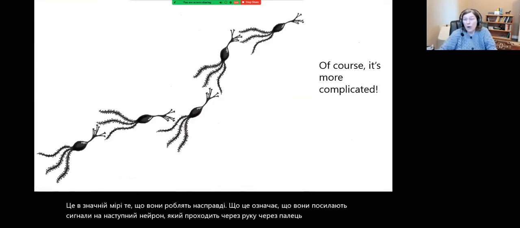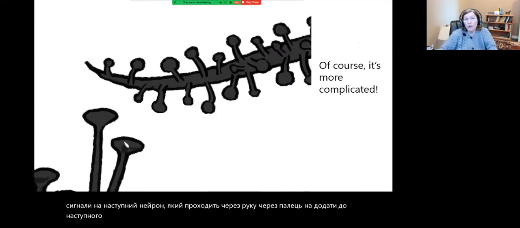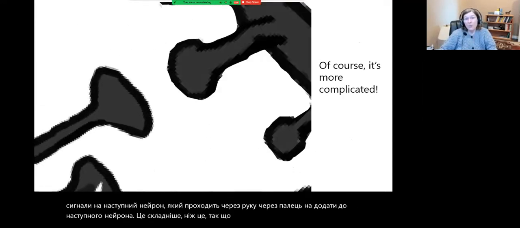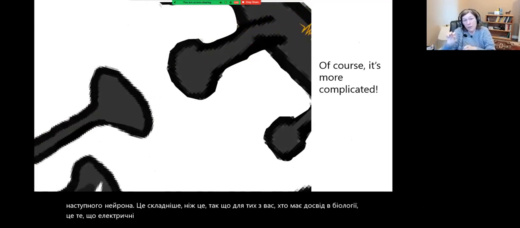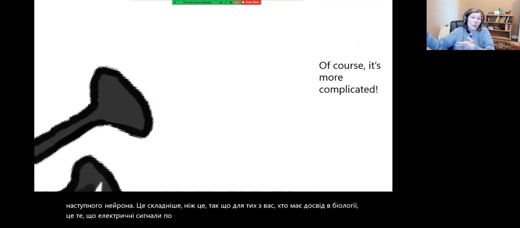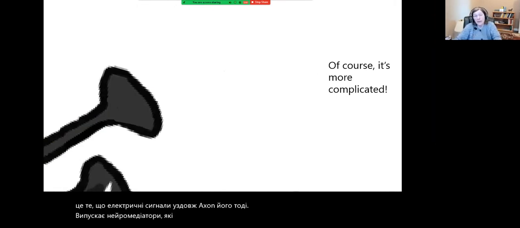It is more complicated than that. For those of you with expertise in biology, you know that the electrical signal goes along the axon. It then releases neurotransmitters that go on to the next neuron and send an electric signal that continues. So it's more complicated, but we're not going to go there.